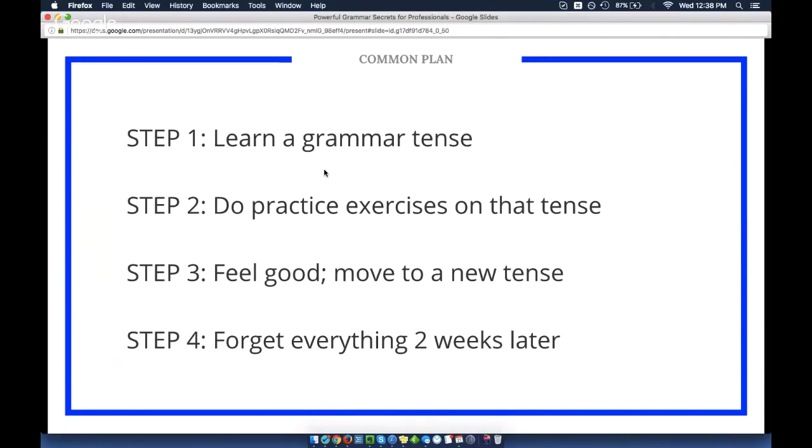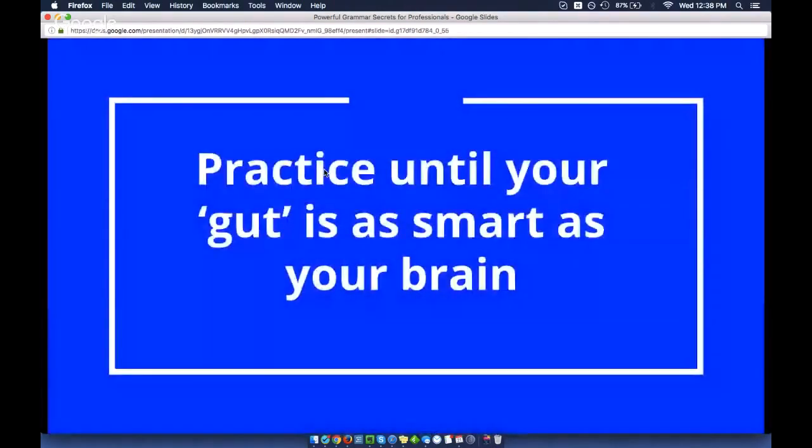You've got to practice. You've got to practice until your gut or your stomach. We use that in English, and there is the same equivalent in many languages. It's like you're feeling. It's not like, oh, my brain says that this is right. It's not a brain thought or feeling. It's just this sense that, oh, I think this is correct.